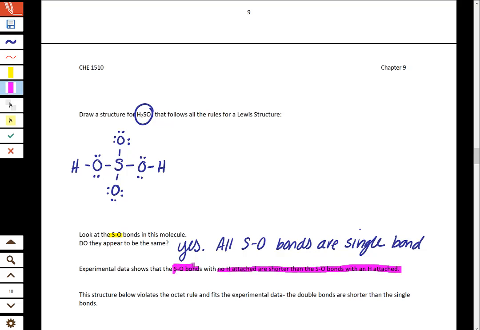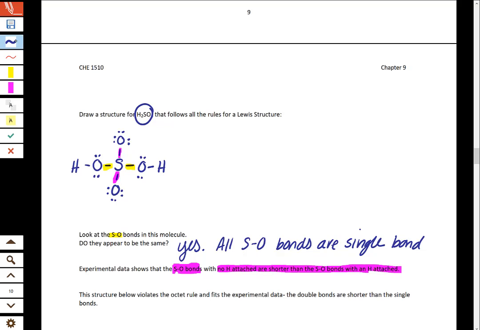Well, what the data is showing is that the SO bonds are actually a completely different bond. They're not single bonds like these ones are, right? They're saying that the bonds that I'm highlighting in yellow are shorter than the bonds that I'm highlighting in pink. And so now we have a problem. Our problem is that our Lewis structure and our data don't match.